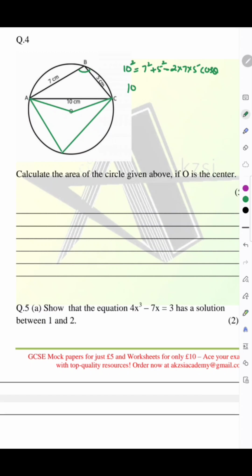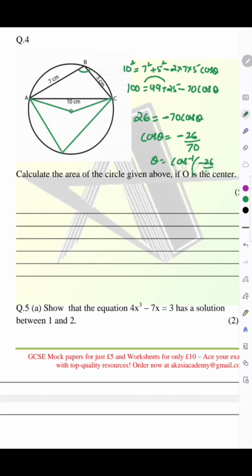So this will be 100 equals 49 plus 25 minus 70 cos theta, and finally, if I move this all here, this will give me 26 equals minus 70 cos theta, and cos theta is equal to negative 26 over 70, and theta is cos inverse of negative 26 over 70, which will give me the answer as 111.7 degrees.